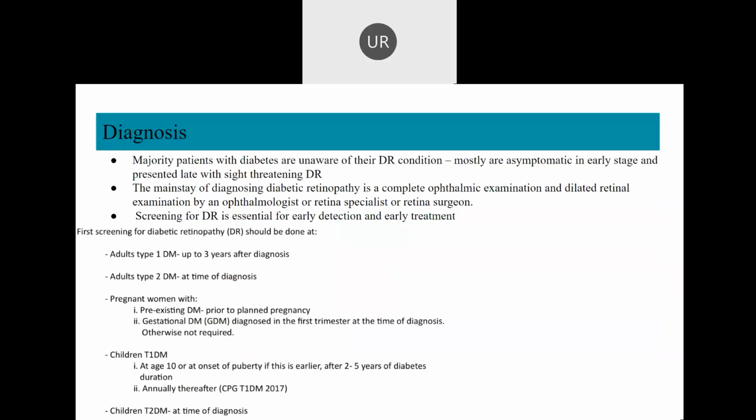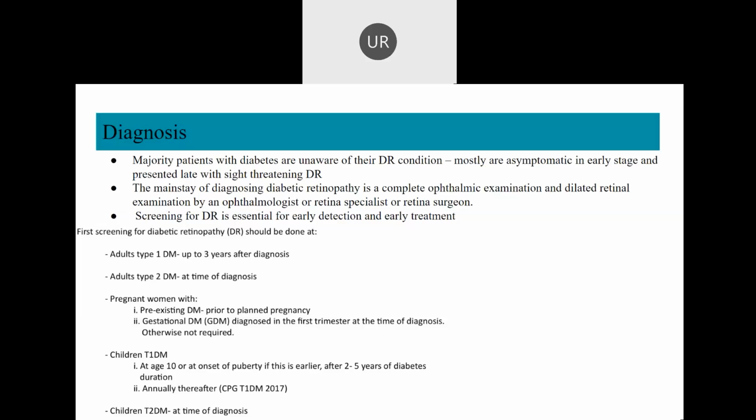Next, please. To diagnose diabetic retinopathy, most patients would be unaware of their symptoms, as it is mostly asymptomatic, as I said, unless they present with late symptoms or sight-threatening diabetic retinopathy. The mainstay of diagnosing diabetic retinopathy is a complete ophthalmic examination, from visual acuity to fundoscopy and dilated retina examination by an ophthalmologist, retina specialist or retina surgeon.